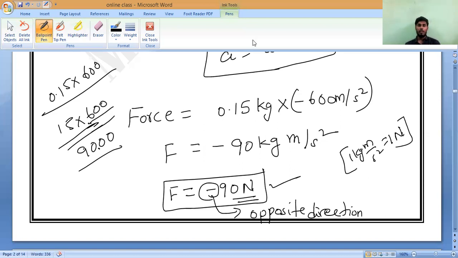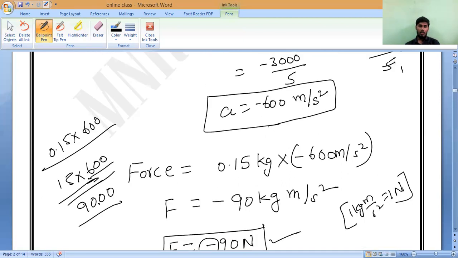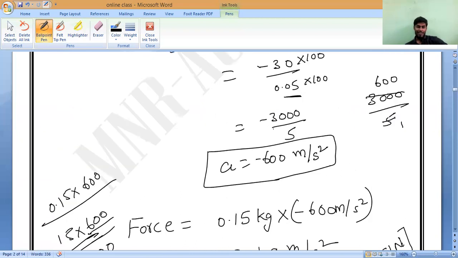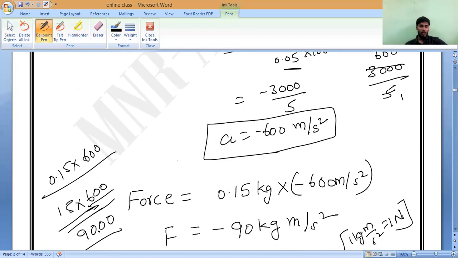Laksha: Sir, in acceleration you didn't multiply mass, sir. For acceleration, why do you need mass? We want force. Oh, okay, sir. Sorry, sir. Elmukil, what happened?